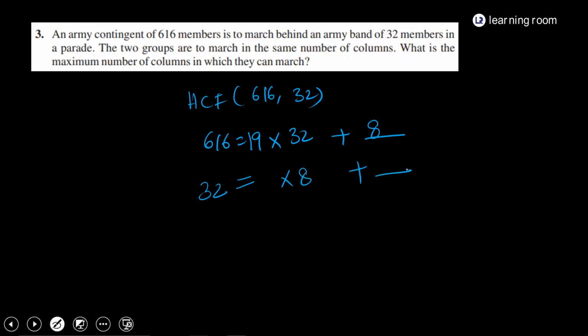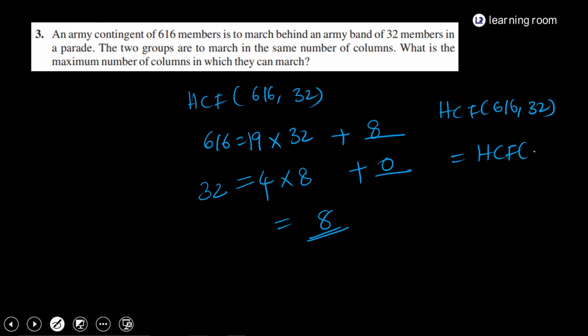So now what is the quotient? Quotient is 4. And the remainder is 0. So now HCF is 8. HCF of 616 comma 32 is equal to HCF of 32 comma 8, which is equal to 8.